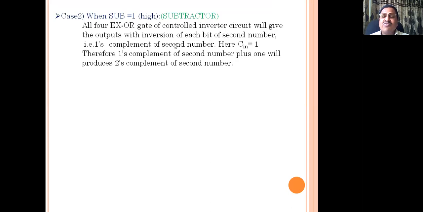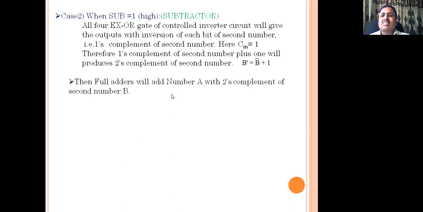Along with that, for full adder 0, the carry in also becomes 1. So the addition of the 1's complement plus 1 will give the 2's complement of the second number. So addition of the first number A along with the 2's complement of the second number will give the resultant subtraction by the 2's complement method.